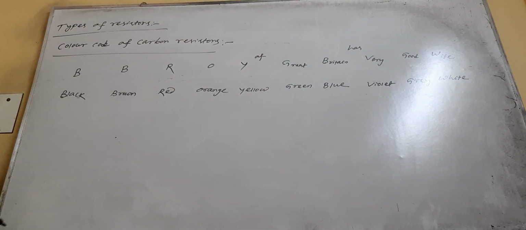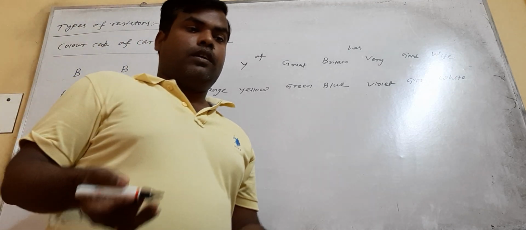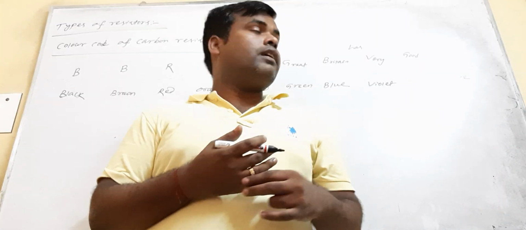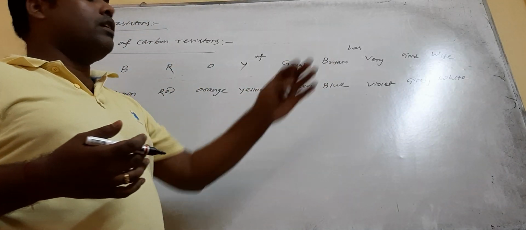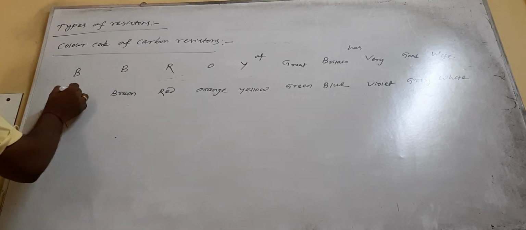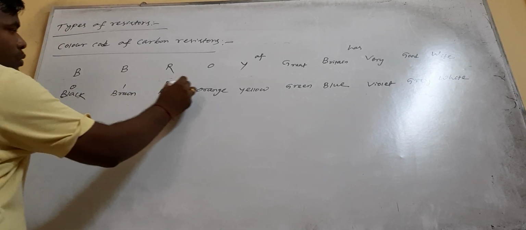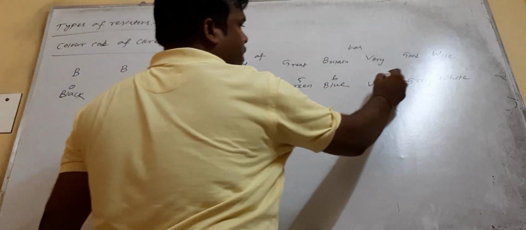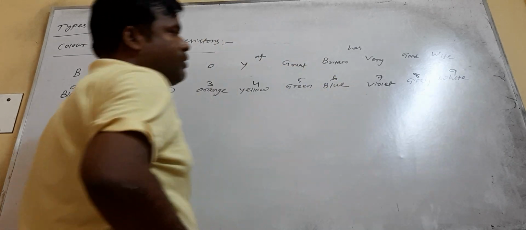Now you assign the digits. To write a number you have 10 digits, and there are 10 colors. So black is 0, then 1, 2, 3, 4, 5, 6, 7, 8, 9.